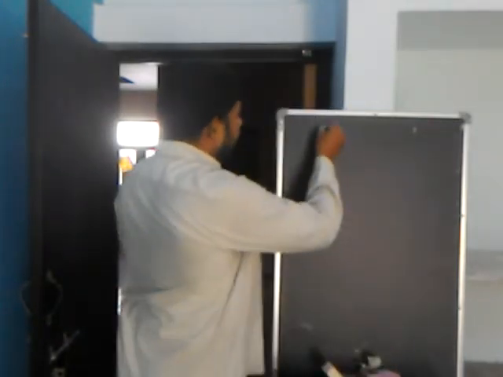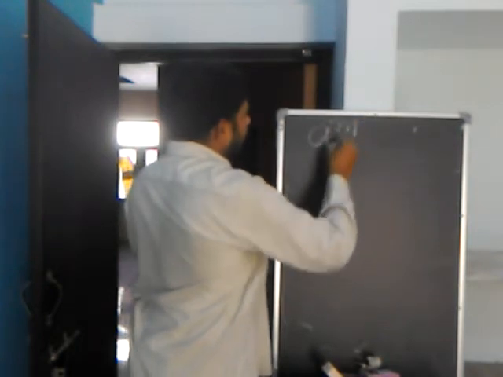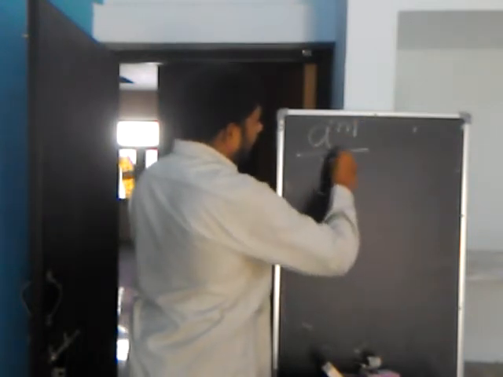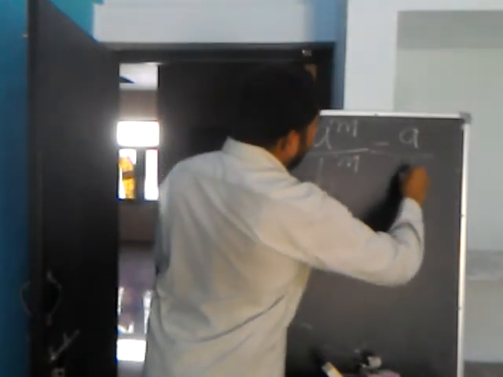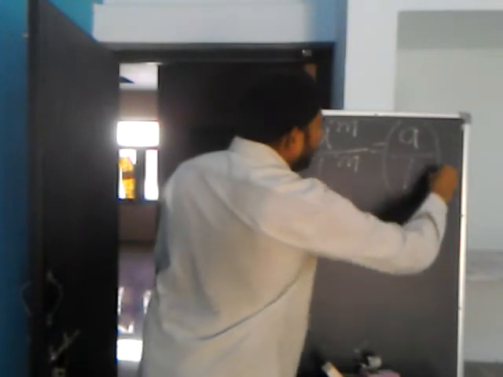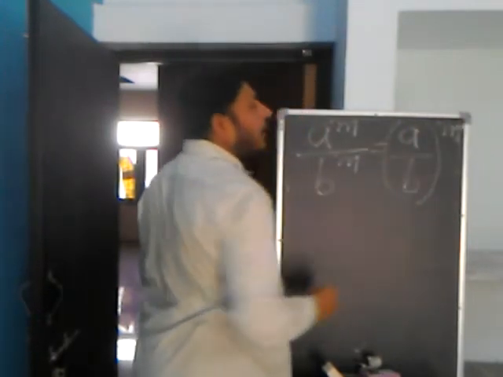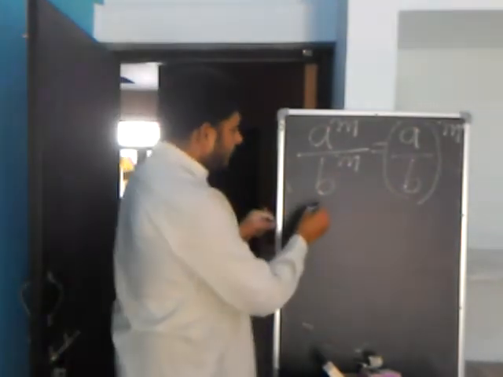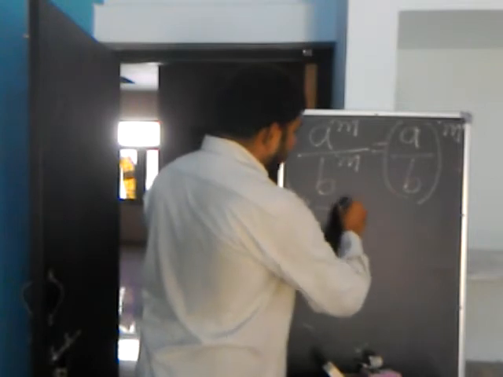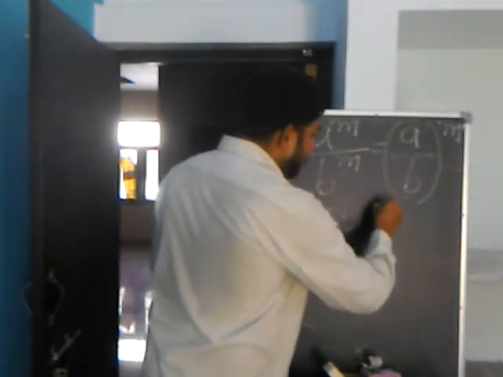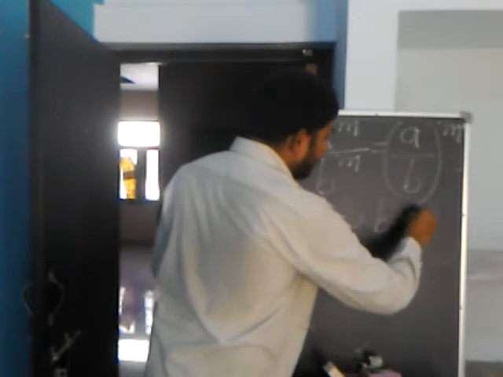Now we know that we have another identity, and that is a raised to the power m upon b raised to the power m is equal to a upon b raised to the power m. Here in our case, a is 1, and b is 2 into 5, that is 10.